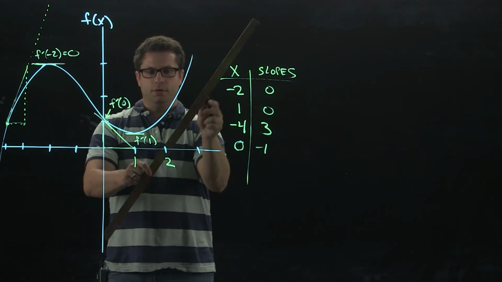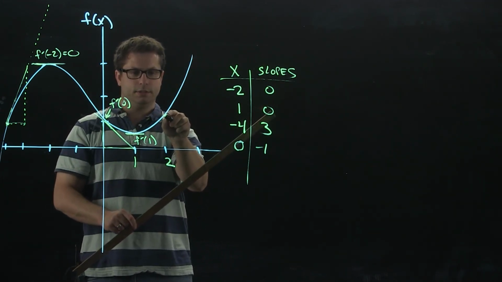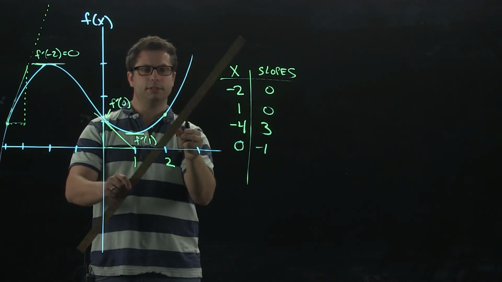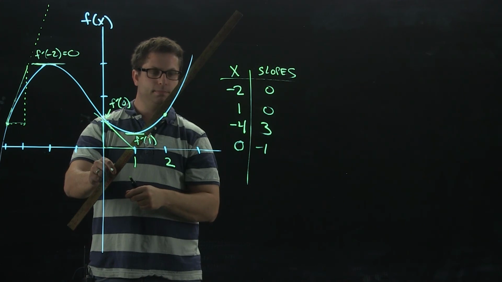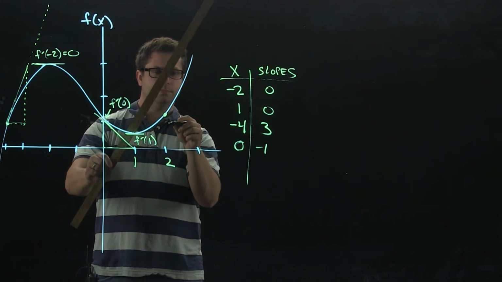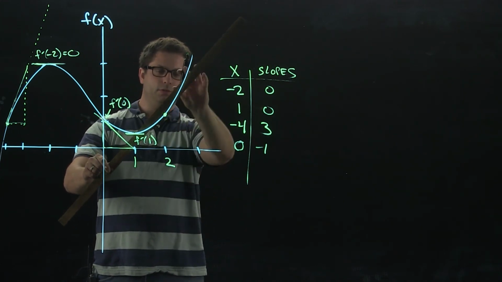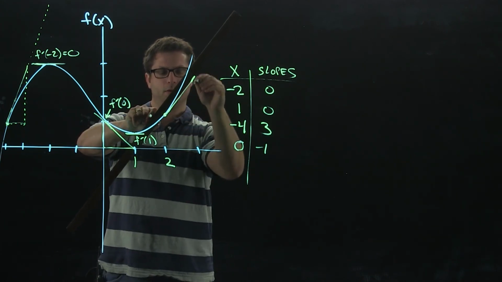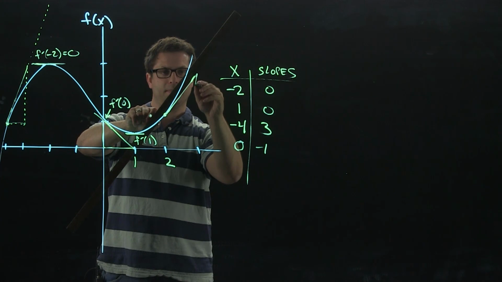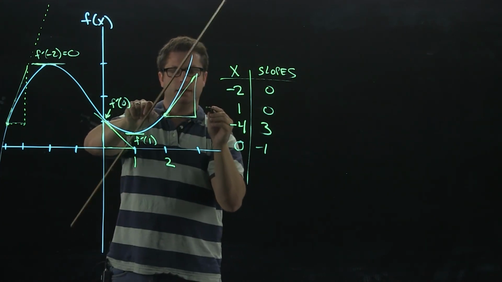And at 2, okay, we'll draw the triangle. Go over 1 unit, drop it down, come over.